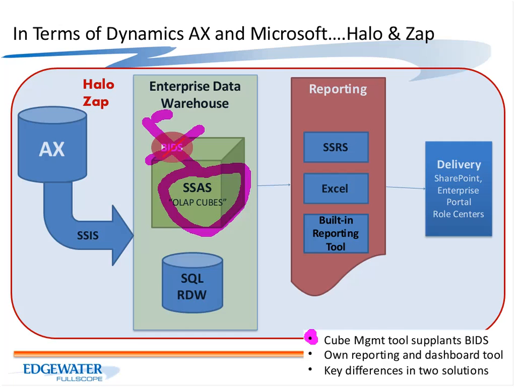They both have their own reporting and dashboarding tool, and from a footprint perspective across the BI solution stack, I would say they are most similar in terms of coverage of the solution. But they're two very different solutions, and if you're looking for an end-to-end solution, I think a side-by-side comparison would be advised.